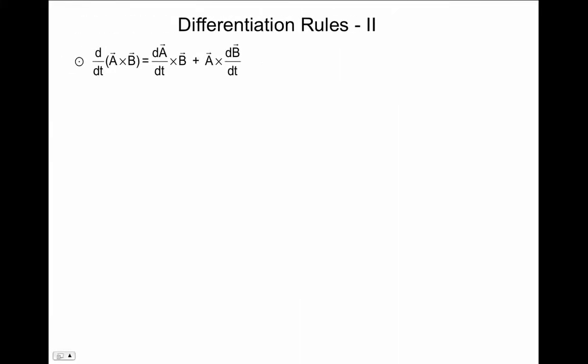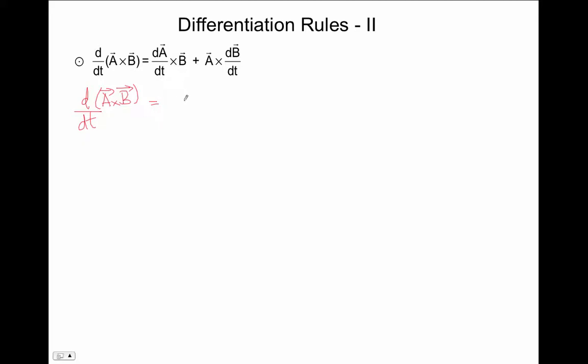We are now asked to prove that the derivative of the cross product, so d by dt of a cross b, is the derivative of the first cross the second vector plus the first vector cross the derivative of the second vector. And we're going to do it in exactly the same way as we did in the previous proof. So d by dt of a cross b, and of course here a and b are both functions of time.